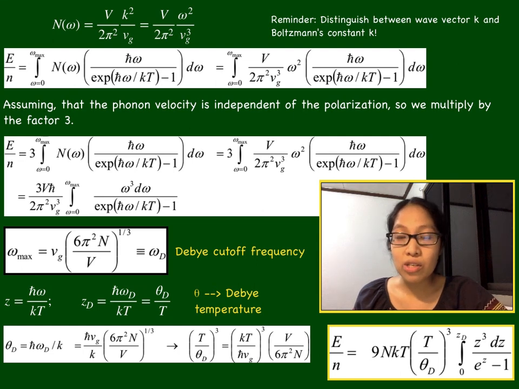Then what follows is an expression for T over Debye temperature quantity cubed. And thus, after some algebraic manipulation, we arrive at the expression for energy enclosed in the yellow box.